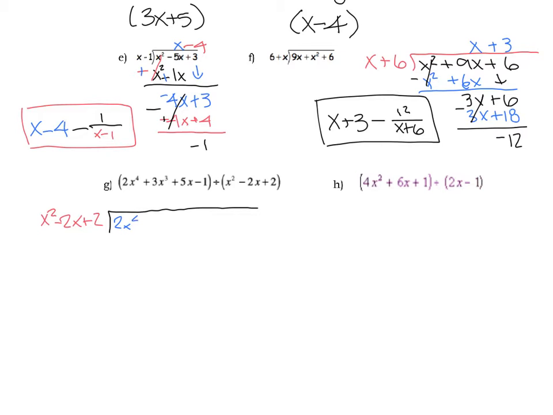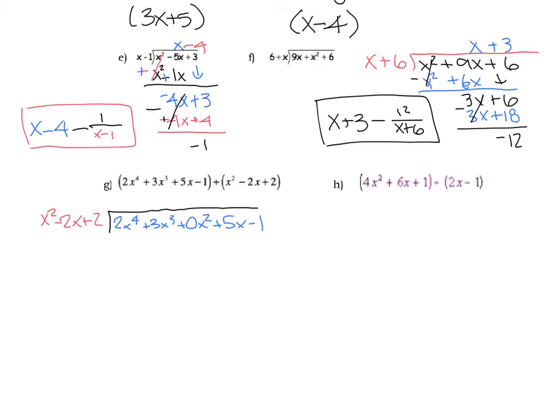So here we got 2x to the 4th, that's the highest degree, plus 3x cubed. Now notice there is no x squared, so I'm going to go ahead and include a 0x squared. Then I have the plus 5x and then the minus 1. All right, so let us jump into this madness.